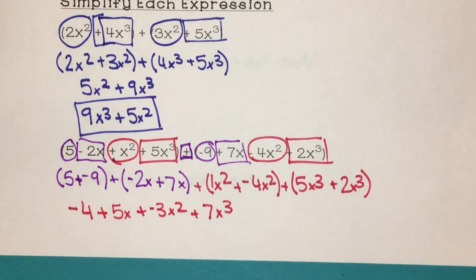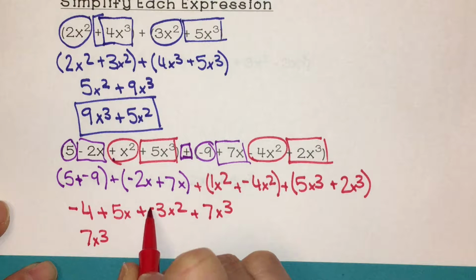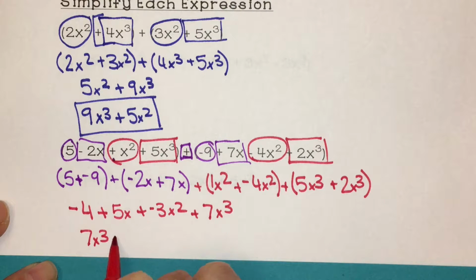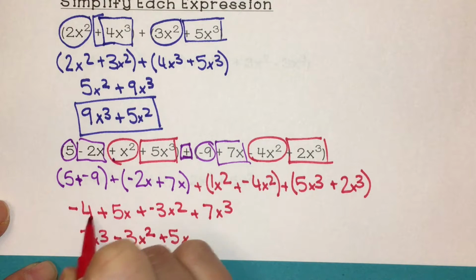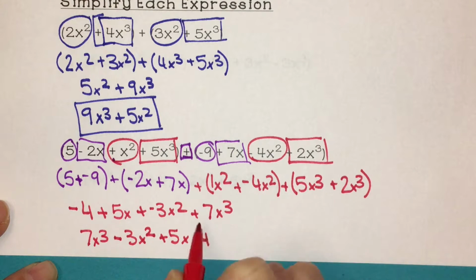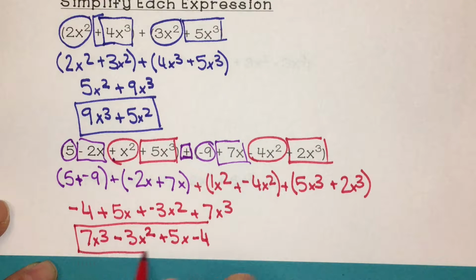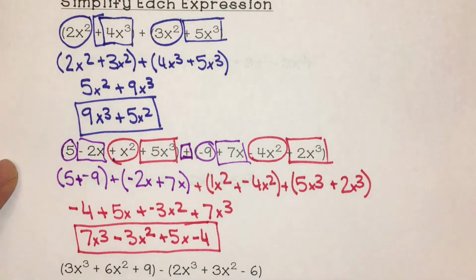So rewrite with the largest degree first. We have a positive 7x cubed. Here we have a negative 3x squared, so I'm just going to write it as minus 3x squared. Positive 5x, so plus 5x. Negative 4, which I can write as minus 4. Again, that number doesn't have a variable with an exponent, so its degree is 0. So that one has the smallest degree.